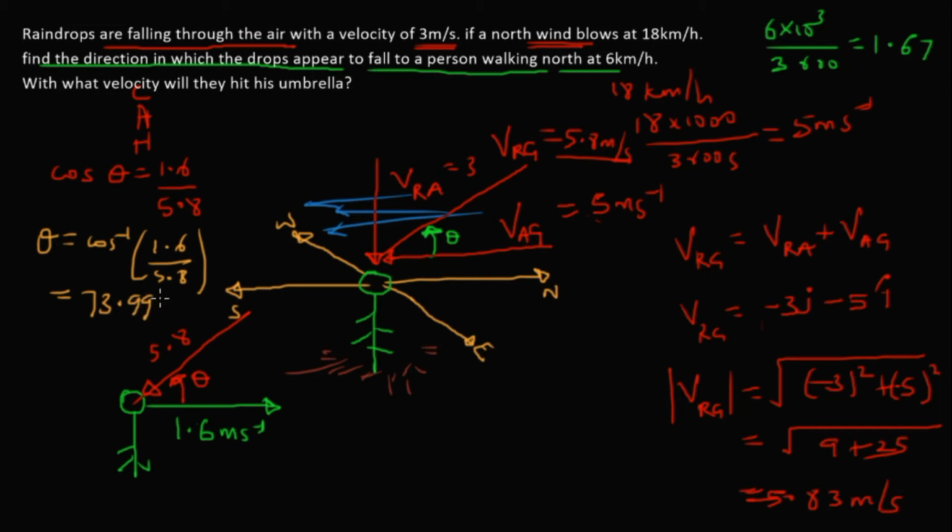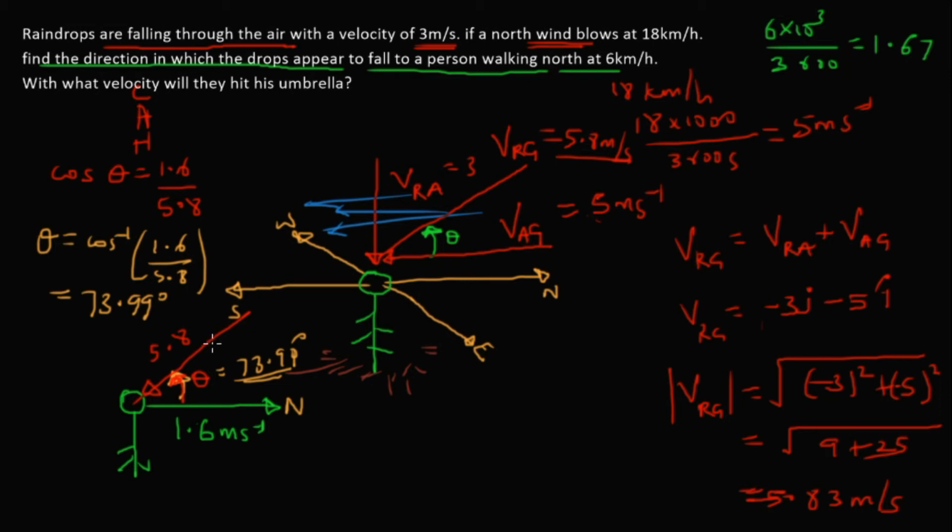73.99 degrees. So it means that the direction in which the drops appear to fall on that man is 73.99 degrees. Now let's find the direction properly. Now we know that the angle is this, and this is the north for that man. This is the north.